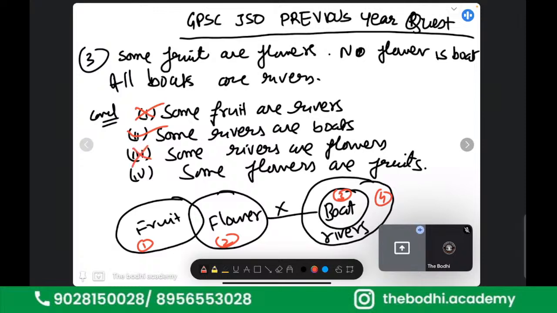Some flowers are fruits. Now see, fruits are here and flowers are here, so obviously we can see in the diagram that some flowers are fruits. Some flowers are fruits is equal to some fruits are flowers. So the fourth one is right. So the answer is second and fourth are following.